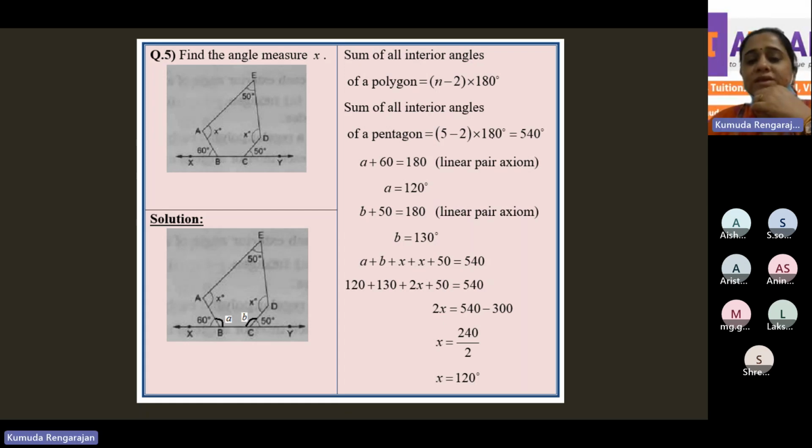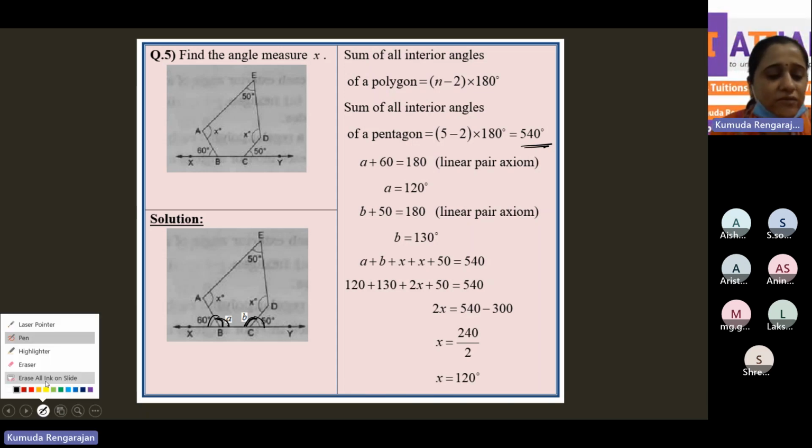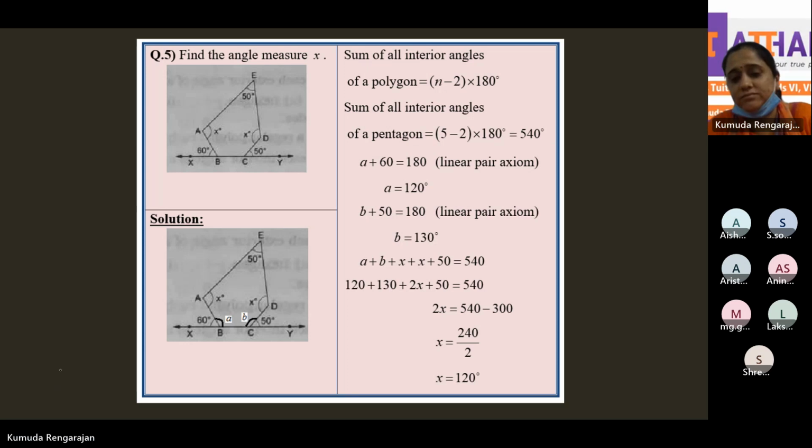First, we need to find the sum of all the interior angles of a pentagon, which is 540. And then A plus 60 is equal to 180. B plus 50 is equal to 180. So find A and B, and then add all the 5 angles equated to 540.